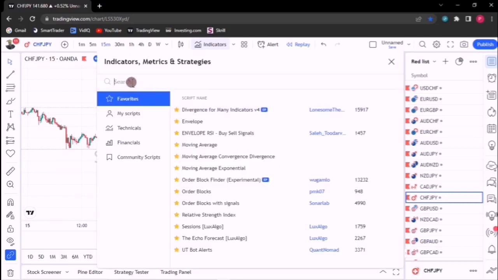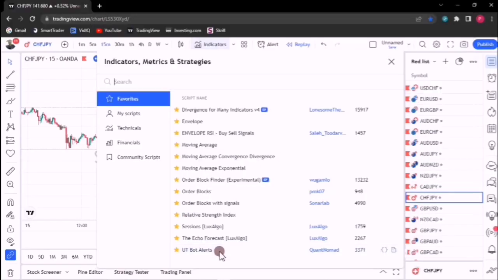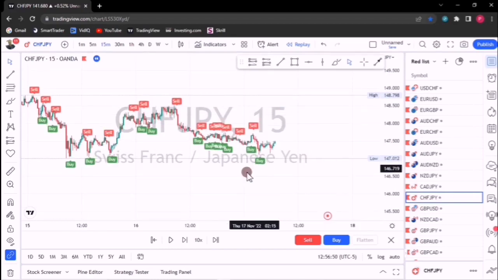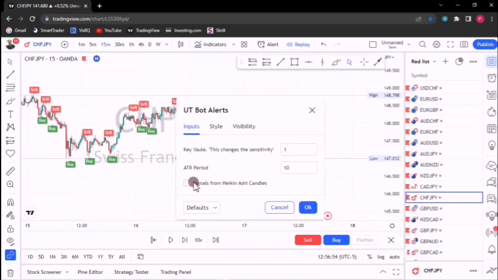What you will do is come to the search box and type UT bot alerts. It is the UT bot alerts right here. As you can see, UT bot alerts, you select that. It is found on the indicators. What I like about this indicator is that you can decrease or increase the sensitivity.